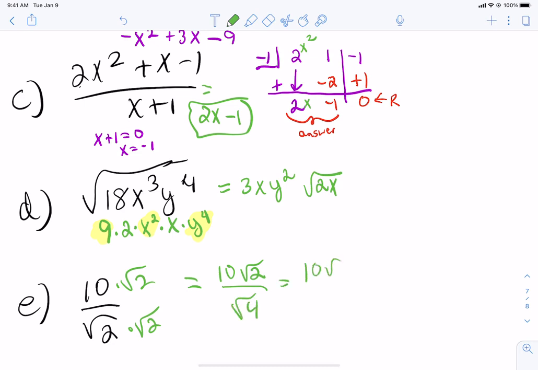What does that become? A 2. That's what we wanted. We wanted the radical to pop off. So it pops off and leaves a normal radical 2 on top. When you rationalize, it pops off the radical on the bottom and leaves a radical 2 on the top. And so then if you can divide, what is 10 divided by 2? 5. So you can just divide it. And so our final answer is 5 square root of 2.